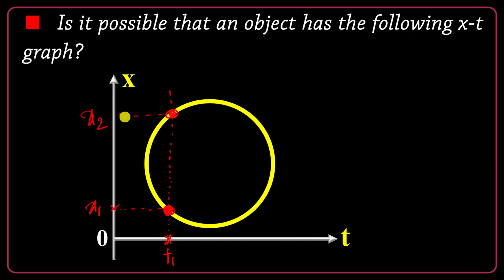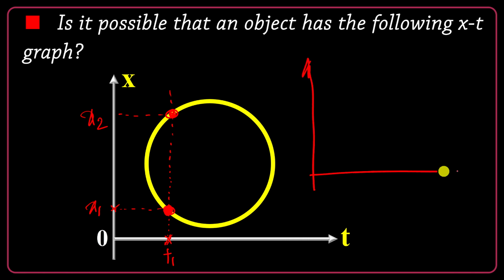I can't accept it. I cannot believe that the object at a certain moment could be found in two different locations. So in physics, no physical object may have such an XT graph. So I think that an XT graph can't be like that.